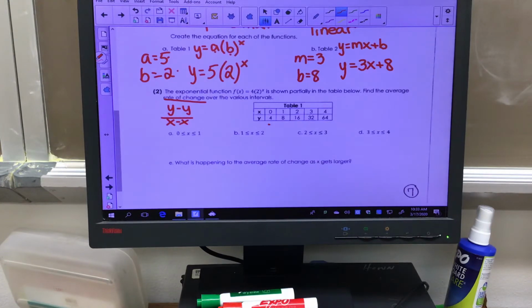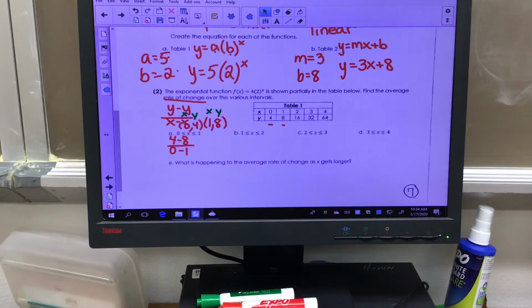So at 0, I'm 4. At 1, I'm 8. So we label x, y, x, y. Y minus y, 4 minus 8. X minus x, 0 minus 1.